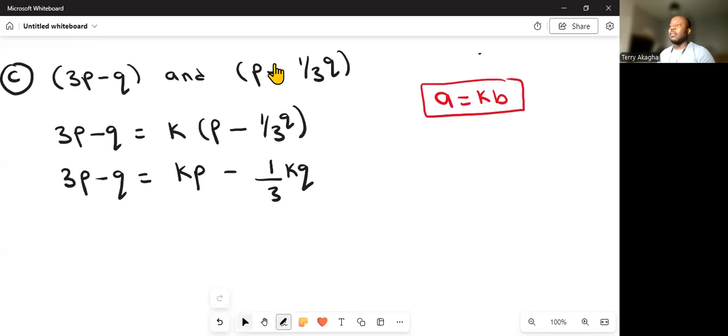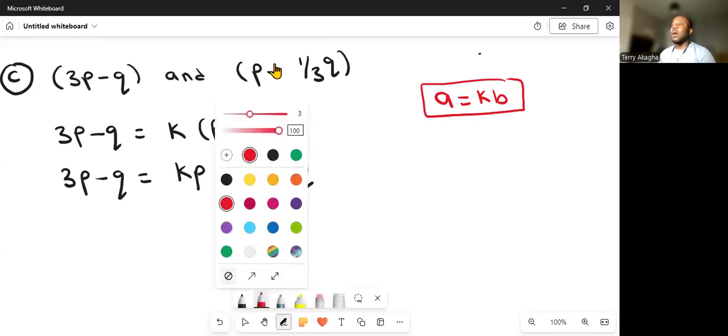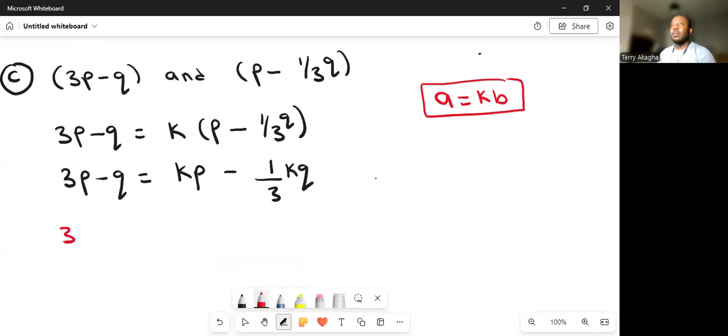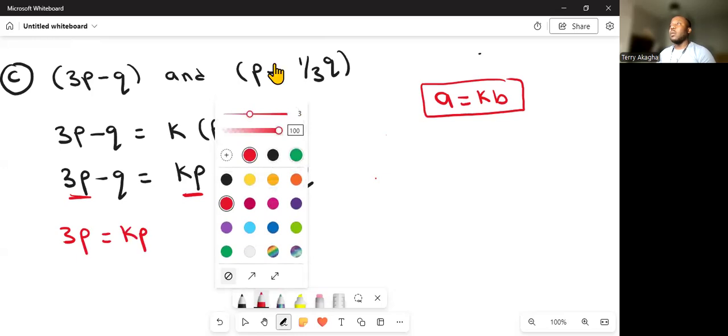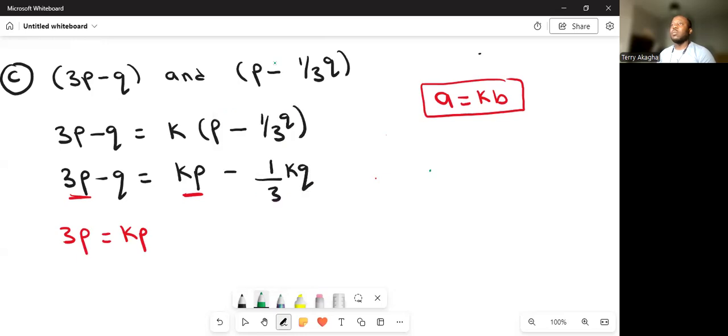Now, similarly, like I said, if this has to be parallel, it means that 3P must be equal to KP. And also, the other one, the minus Q, must be equal to minus 1 over 3 KQ. So minus Q must be equal to minus 1 over 3 KQ.